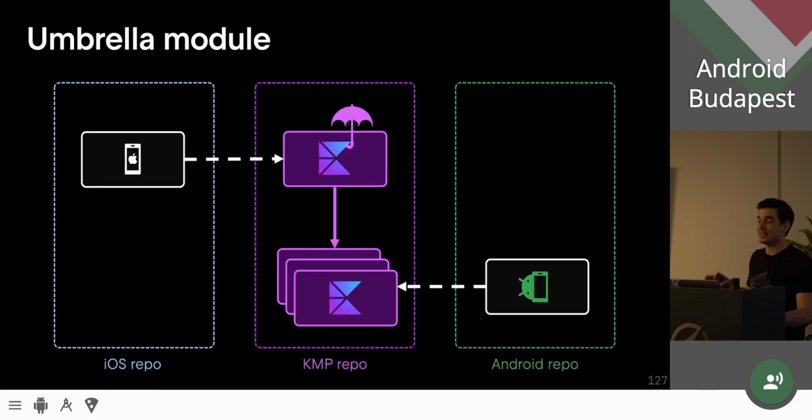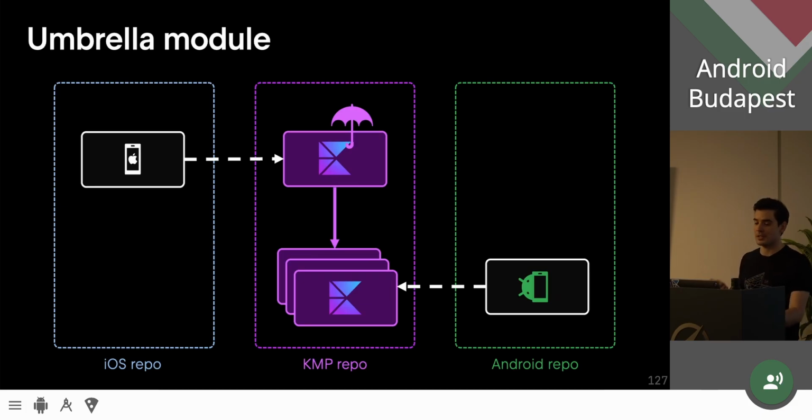Again, for the Android app, it doesn't really matter if it happens to be in the same repo. That can also be in its own repo if you want, but that's just Maven, so it works arbitrarily.